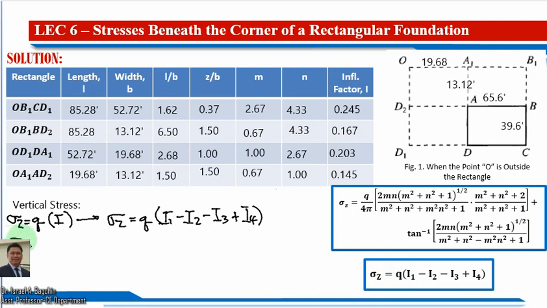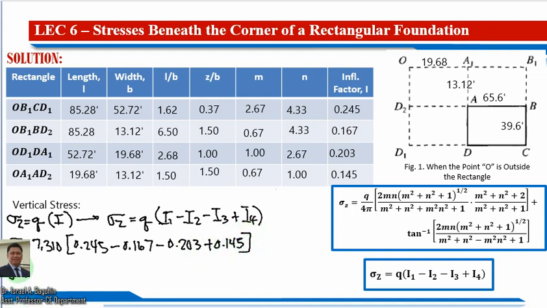So our sigma z is therefore equal to our q, which is given as 7310, times our I1, which is 0.245, minus I2, which is 0.167, minus 0.203, plus our I4, which is 0.145.